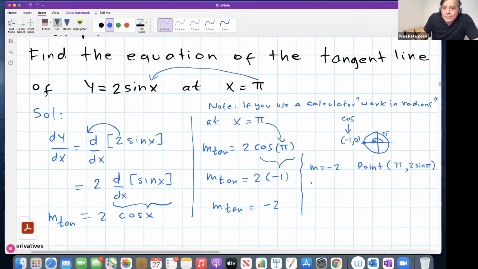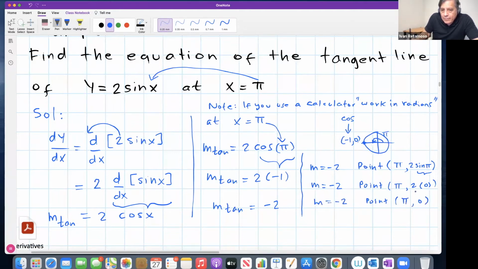But what is this? 2 multiplied by sine of pi. Use the calculator again, set it up in radians, and this sine of pi should be 0 in the calculator. 2 times 0, 0. So the point is pi comma 0.